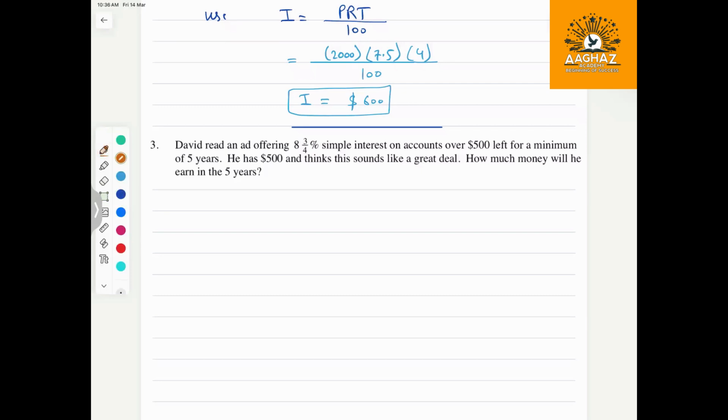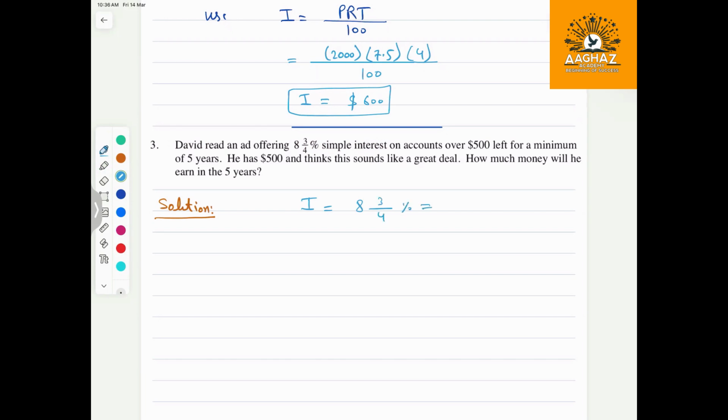Okay, so now for this question, first of all I will write the data. You can see that he is a person, and he offers this interest, I is equal to 8 3 over 4%.